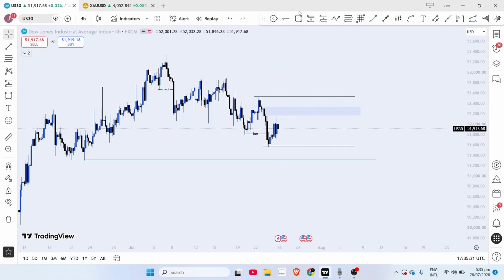I think this will be used as liquidity, so price can sweep, then give a reaction, change of character, and we take ourselves to the downside. So I think US30 is pretty straightforward. I'm thinking we are going bearish. So from here, confirmation on the lower time frame as usual, then we take our trade.